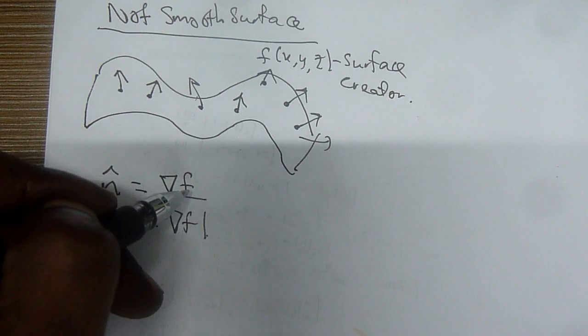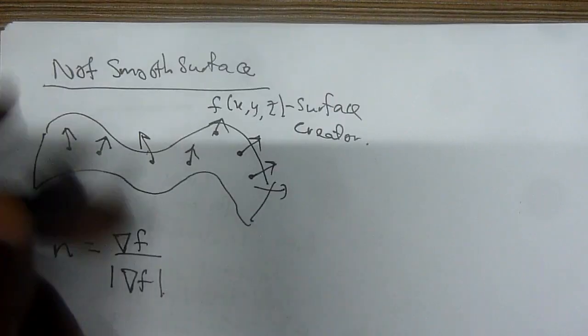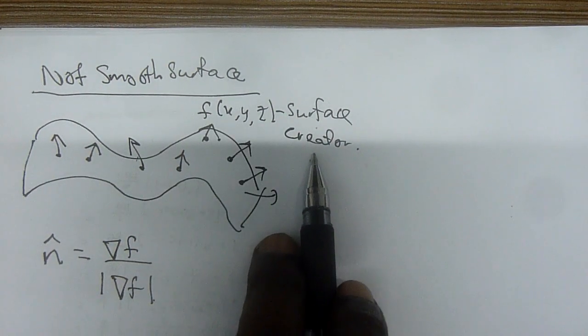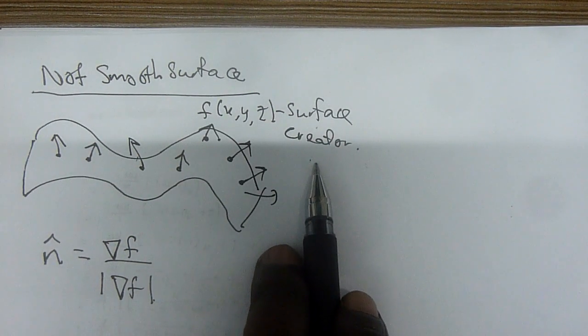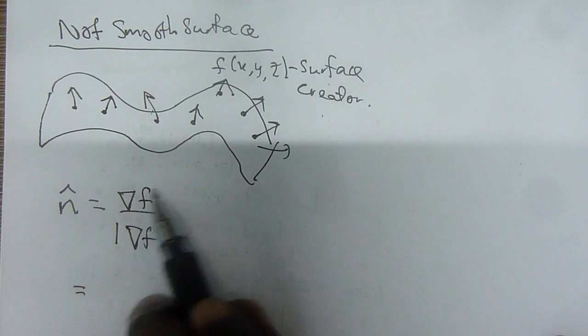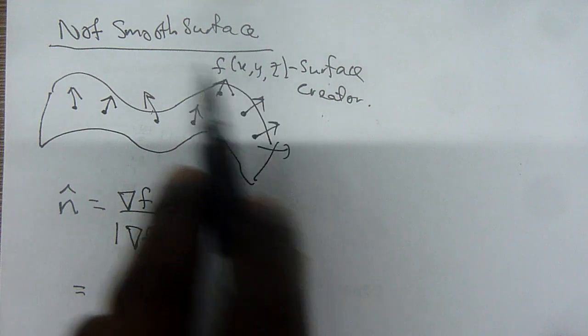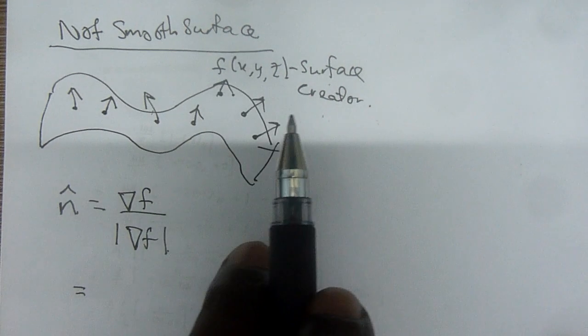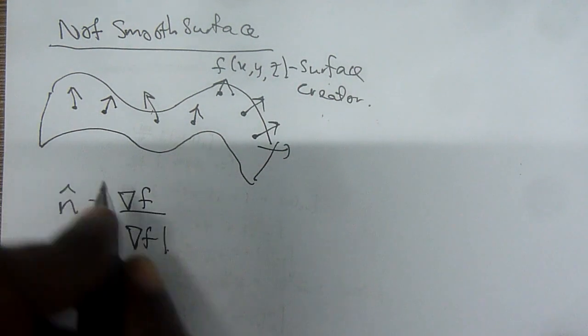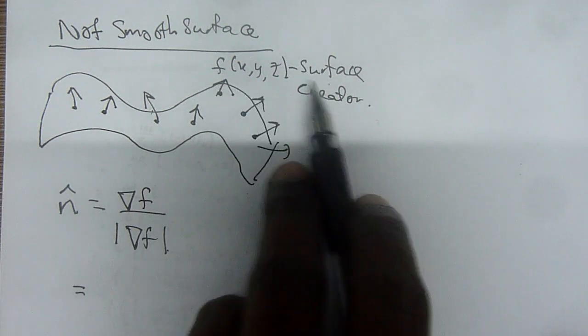Remember the f here that we are referring to in this particular case is a surface creator. Mathematics can allow you to go for any combination, but in this particular smooth surface and not smooth surface definition, this must be a surface creator.